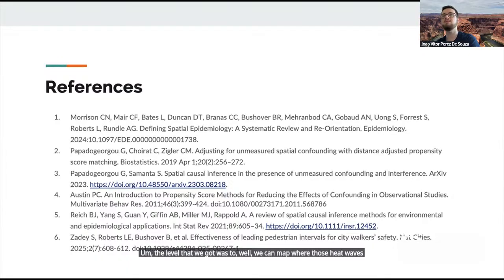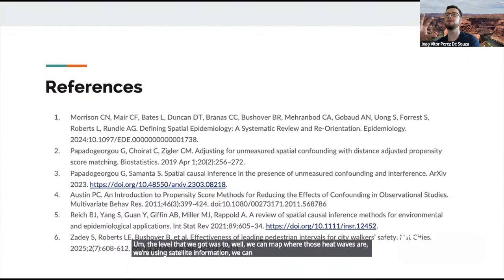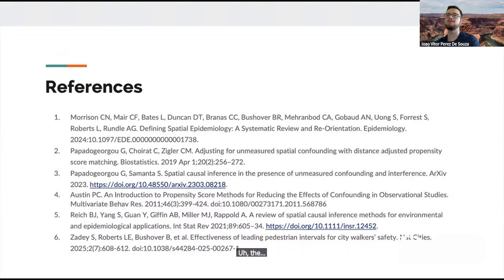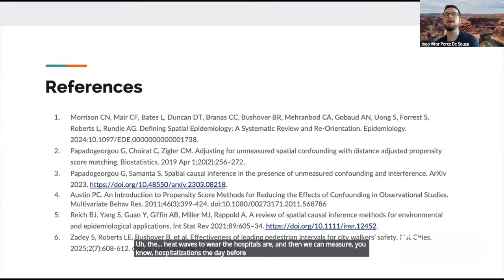We're using satellite information. We can cross-check the heat waves to where the hospitals are, and then we can measure hospitalizations the day before and the day after, something like that.